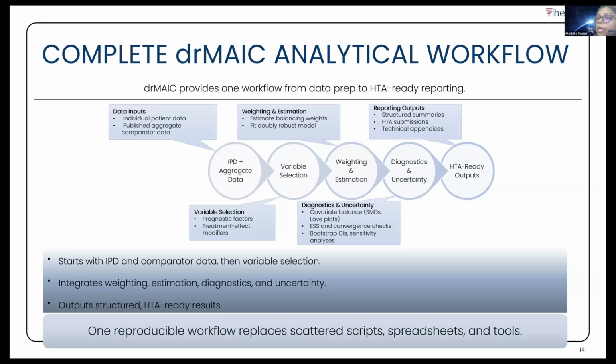And finally, out to HTA-ready outputs, including structured summaries, submission text, and technical appendices. The key point is that this replaces multiple disconnected scripts, spreadsheets, and reporting tools with one reproducible workflow, which is exactly what I will show in the worked example next.